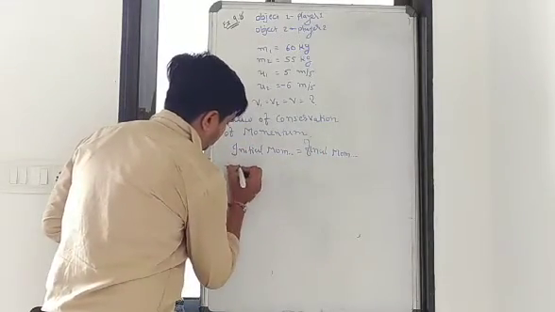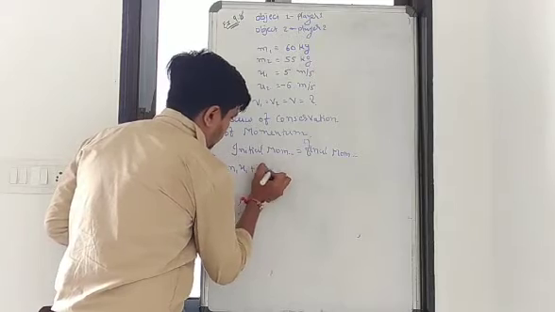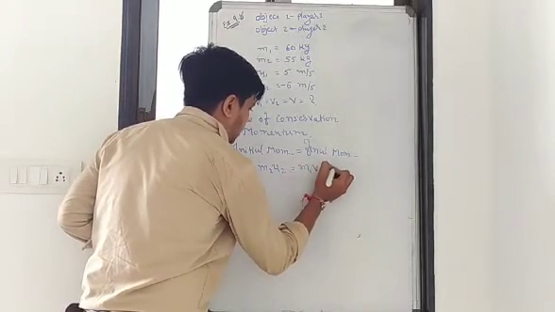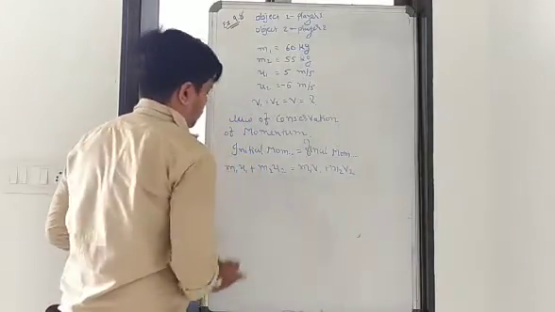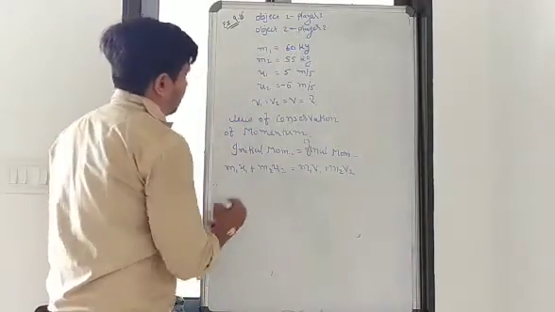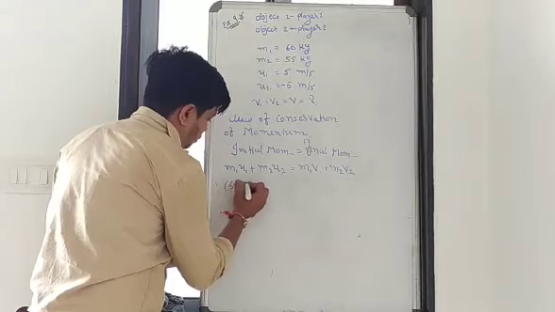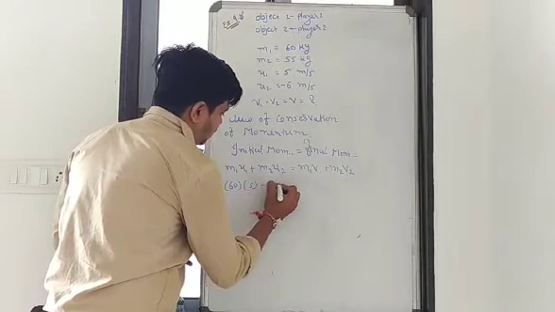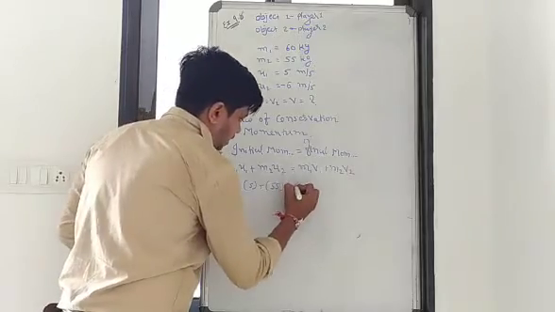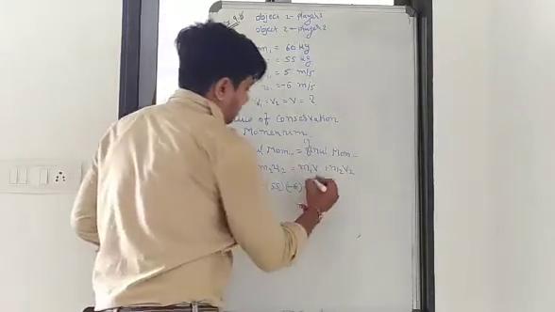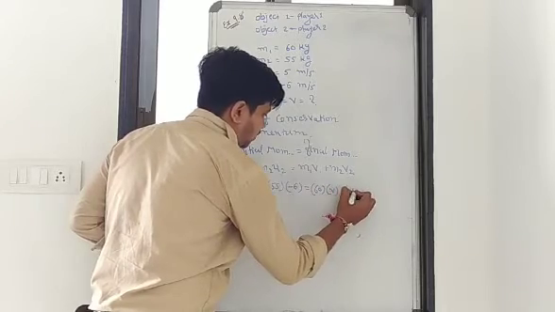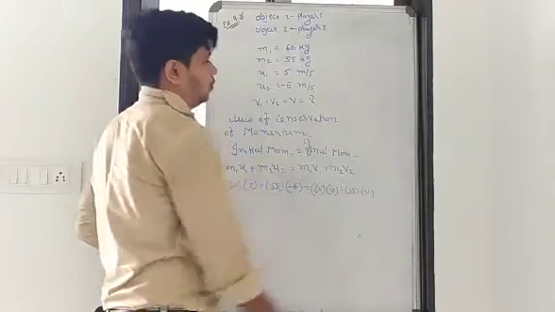Initial is m1 u1 plus m2 u2 is equal to m1 v1 plus m2 v2. Put the values. m1 is 60, u1 is 5, plus m2 is 55, u2 is minus 6. On the right, m1 is 60, v1 is v, and m2 is 55, v2 is also v.